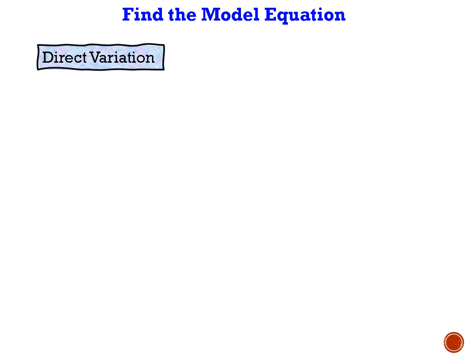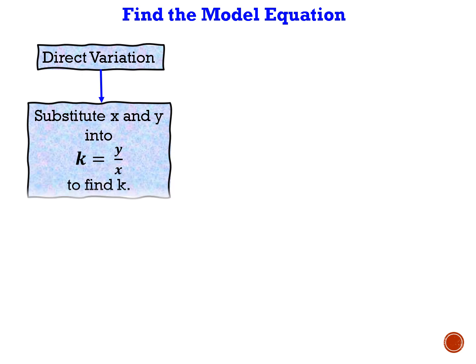If it says that x and y vary directly, then you're going to use the direct variation side of the flow chart. Typically they'll give you an ordered pair and say that x and y vary directly. The first thing you always need to find is that k value, the constant of variation. Since it's direct variation, we're going to use k equals y over x.